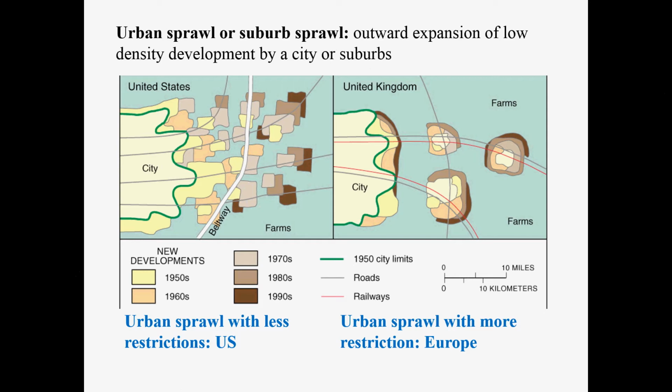But in the US, you can really see that when a community is split out from the central city, it keeps going further out away from the central city, so forming a more scattered pattern of urban sprawl and suburban sprawl than the case of the UK, where you have more land regulation than in the US. So that gives a sense that government, the population, does play a role in restricting the pattern of urban sprawl.